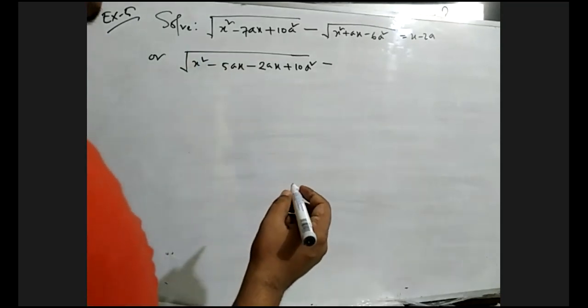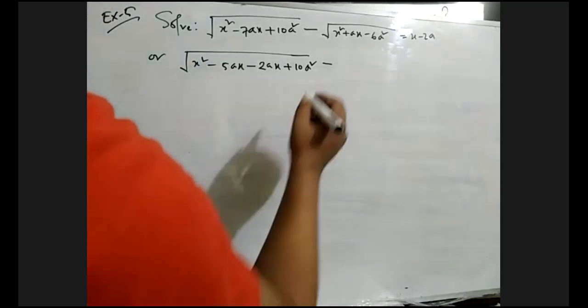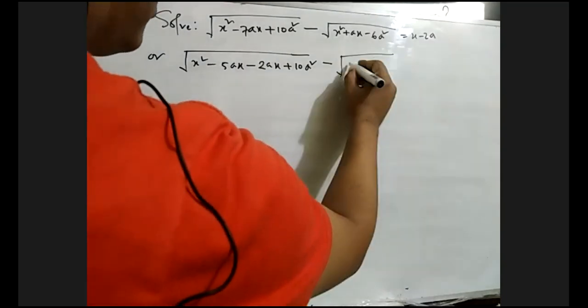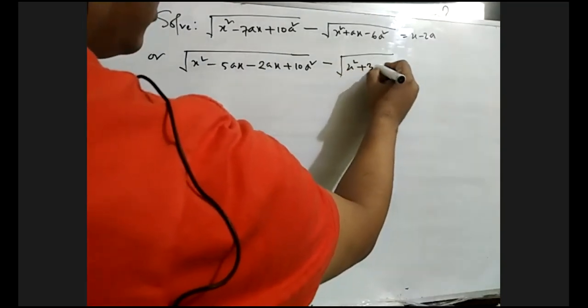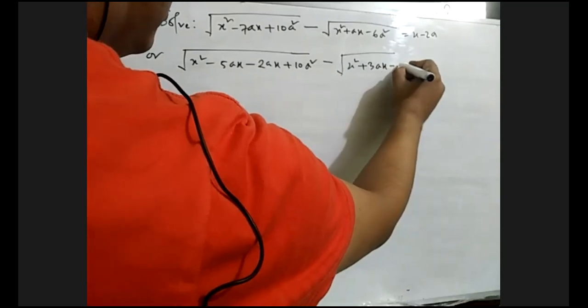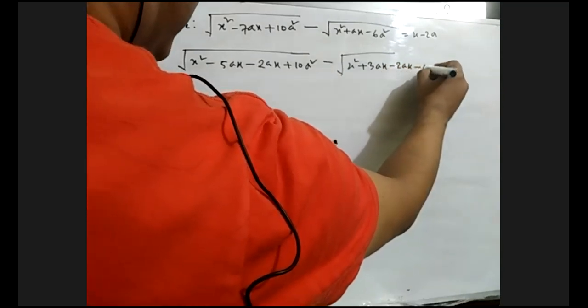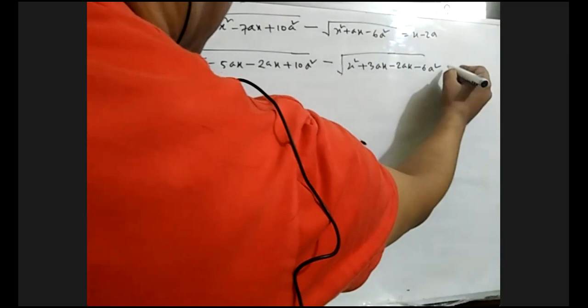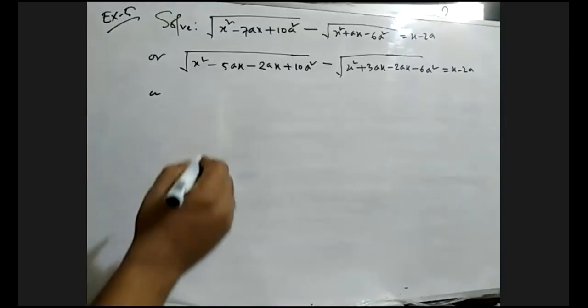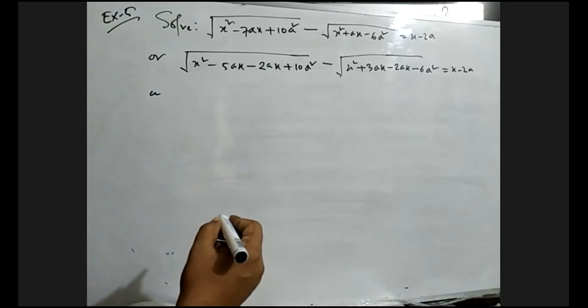We are applying middle term factor process. And here x square plus 3ax minus 2ax minus 6a square equals x minus twice a, the right hand side of the equation.